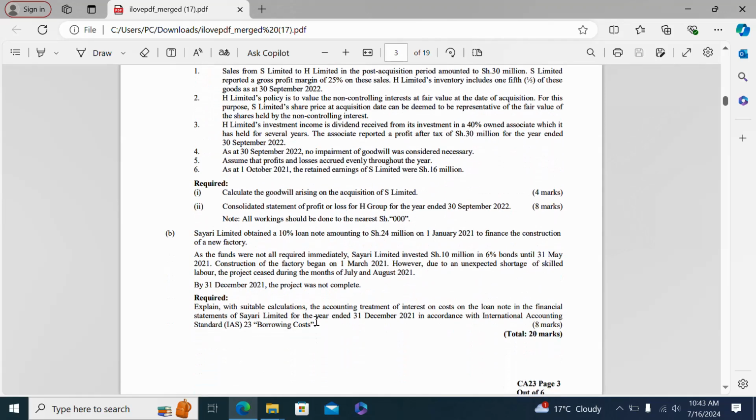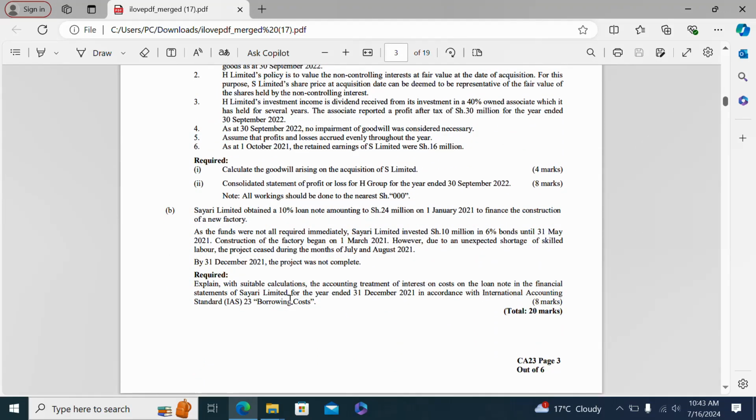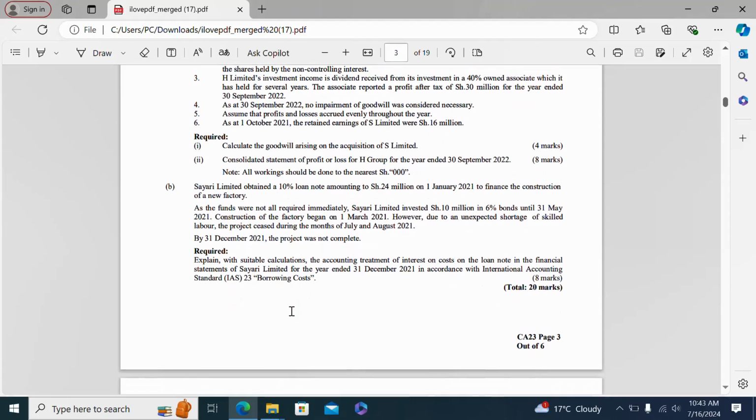B. Required: explain with suitable calculation the accounting treatment of interest cost on the loan note in the financial statements of Sayari Limited for the year ended 31st December 2021 in accordance with International Accounting Standard IAS 23 Borrowing Costs.